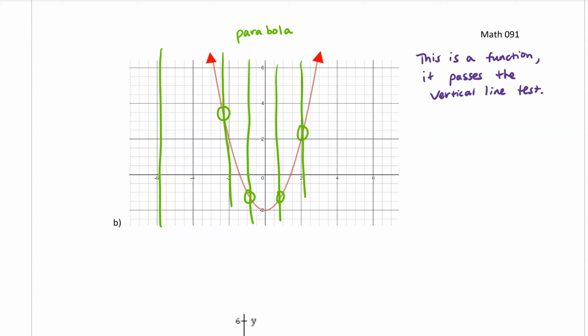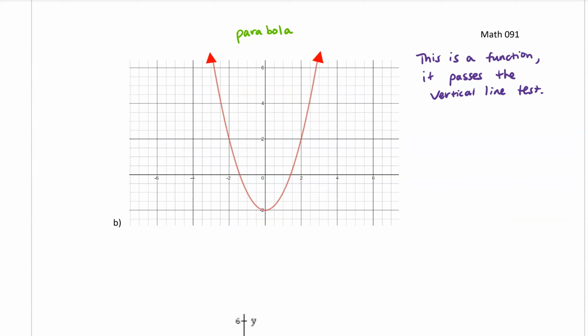Now, because it is a function, the problem has asked us to state the domain and the range. So I'm going to go ahead and erase these vertical lines that I've drawn. And if you need a reminder, the domain is all of the possible input values.